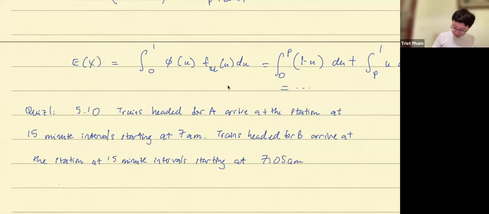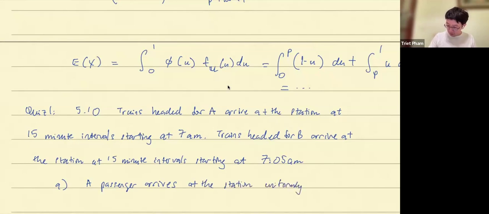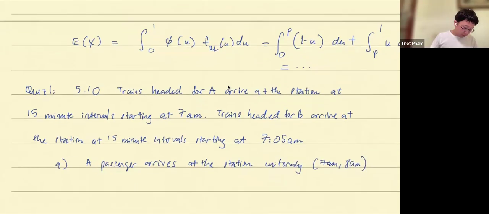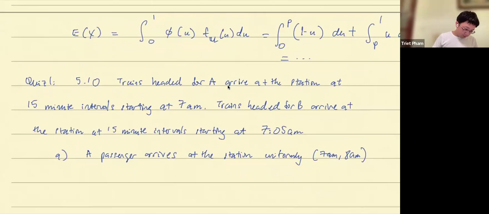And then a passenger arrives uniformly at the station between 7 a.m. and 8 a.m. and gets on the first train that arrives.